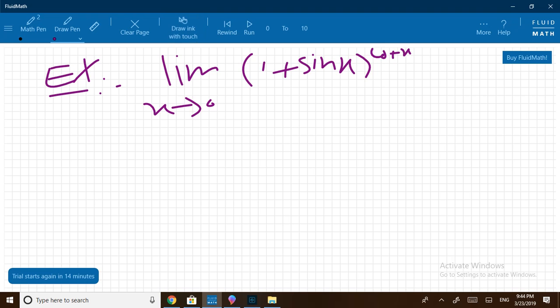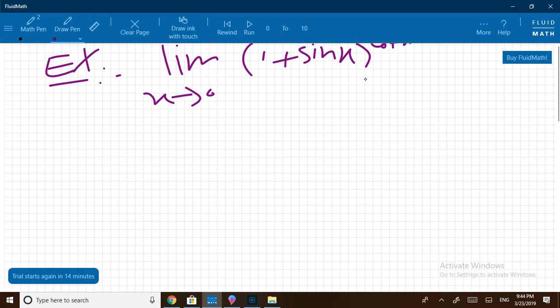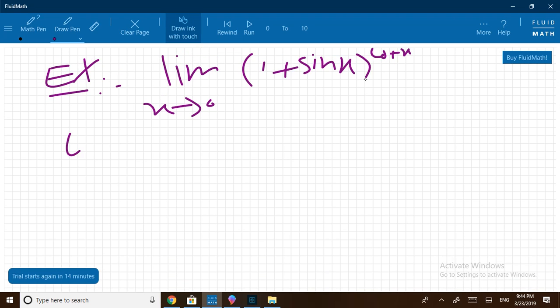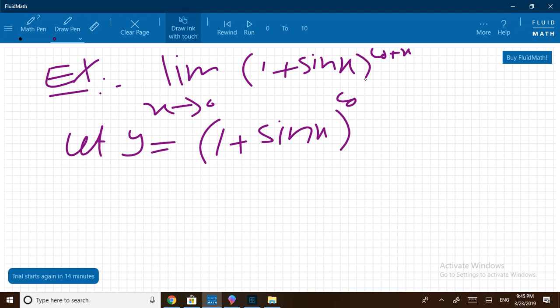We will let it equal y. Let y be equal to (1 plus sine x) raised to the power cot x.